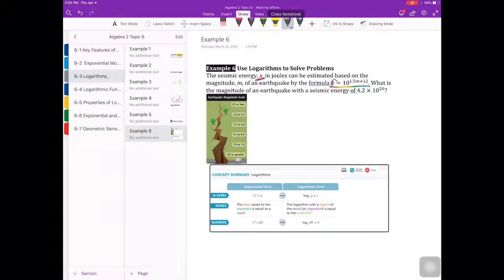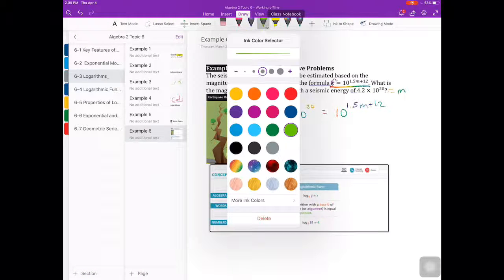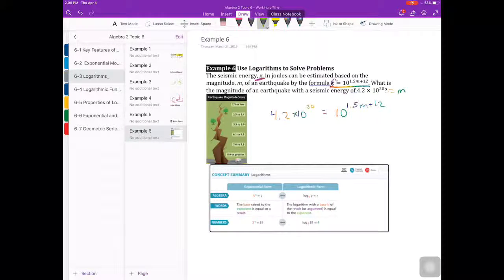So our magnitude, this is our m. So we're going to have 4.2 times 10 to the 20th equals 10 to the 1.5 m plus 12. So we've got to get that m right there by itself. There's our number that we are trying to get alone.